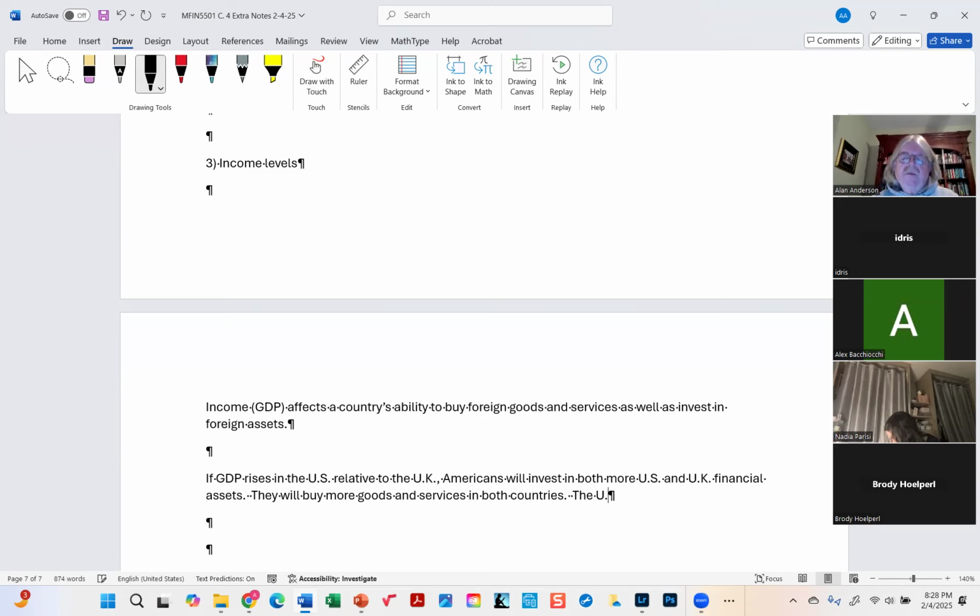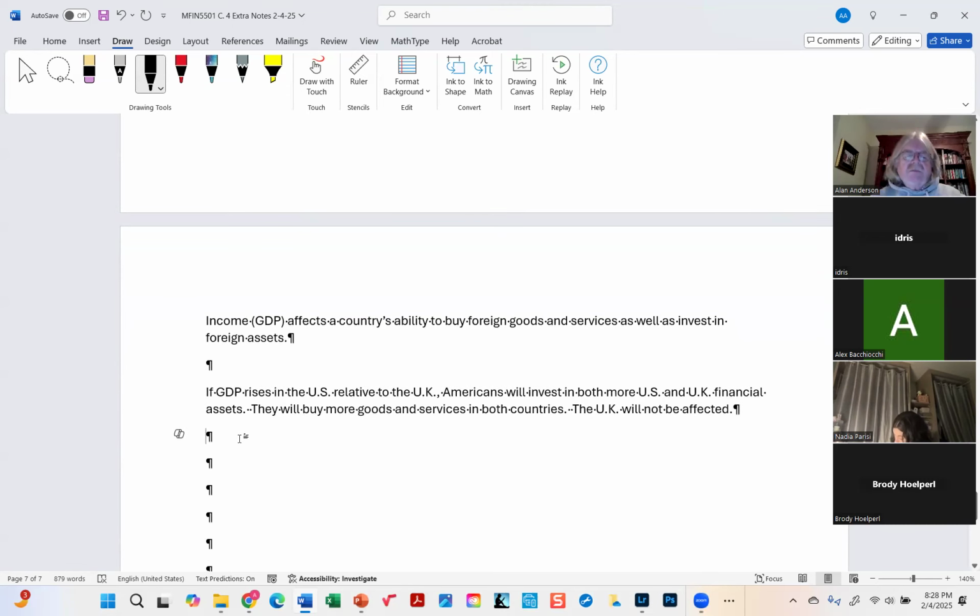The UK will not be affected by this. In other words, the British will continue to hold the same number of pounds and dollars. So that indicates that in the US, the demand for pounds will go up with no change in the supply.